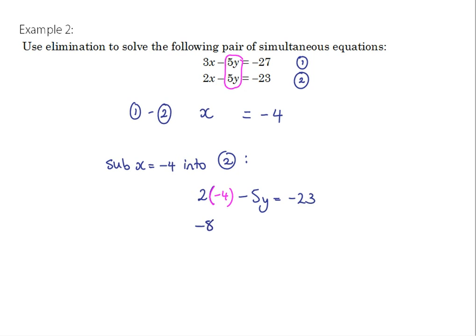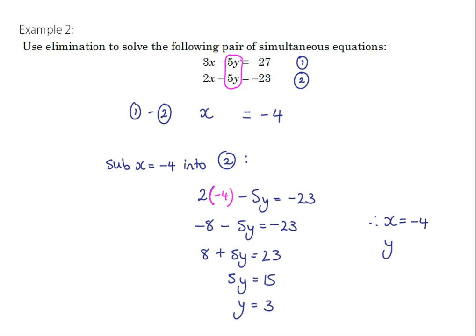So that's negative 8 minus 5y equals negative 23. So rather than deal with all those negatives, everything here is negative, if I multiply the whole equation by negative 1, 8 plus 5y equals 23. Subtracting 8 and dividing by 5. And so therefore x equals negative 4, y equals 3 is the solution to this pair of simultaneous equations.